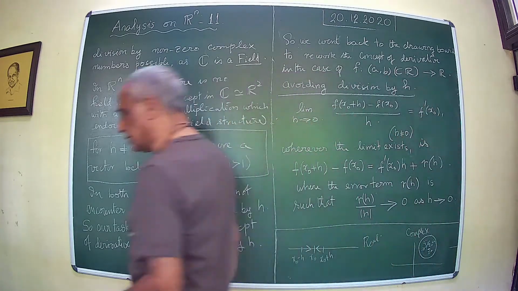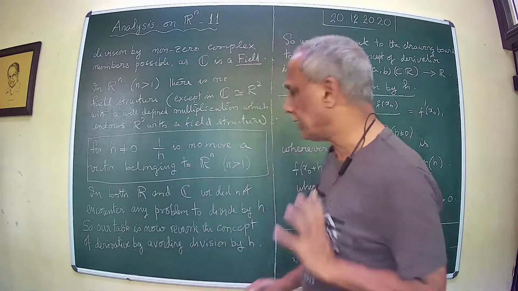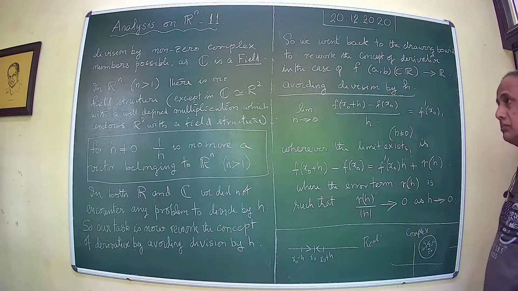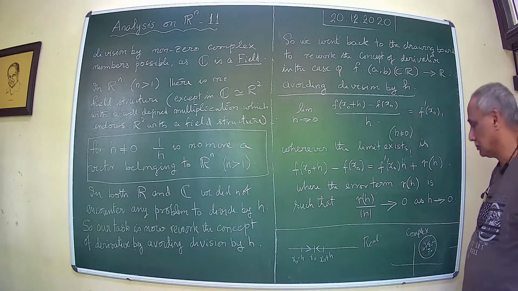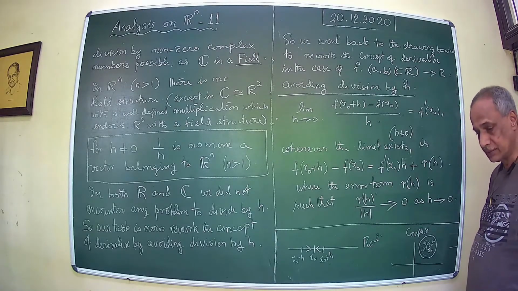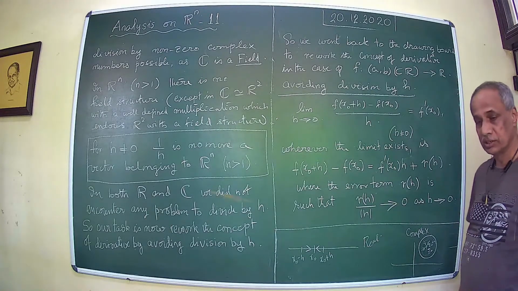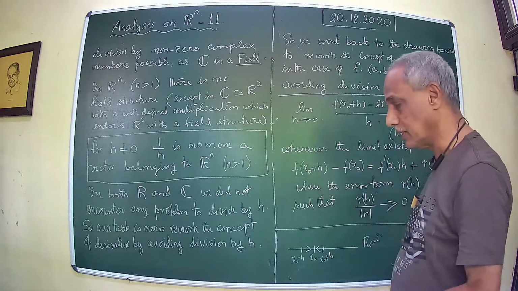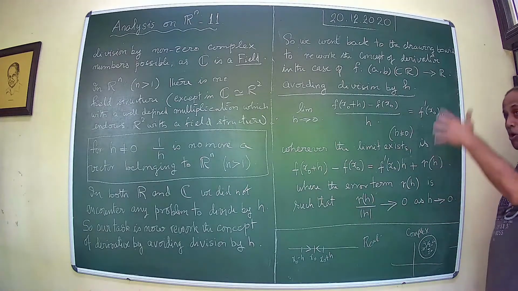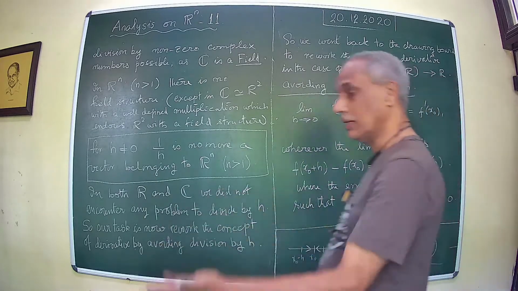Now when you say the limit exists, what you are saying is that irrespective of the path along which h goes to 0, or z0 plus h goes to z0, the limit should exist and should give the same number. So there are infinitely many ways in which this can happen. In all cases, the limit should exist and should be equal.